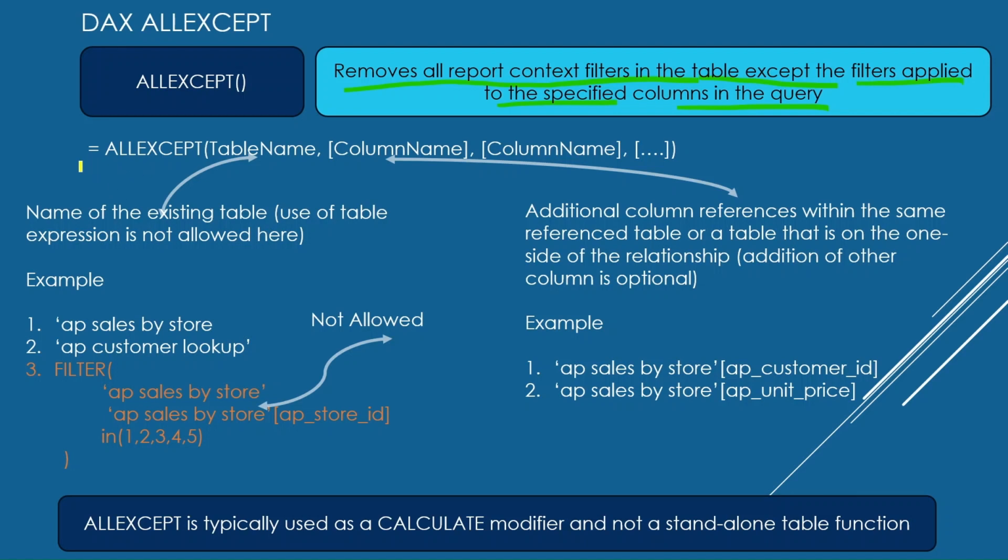So this is the syntax, or the signature. This is the ALLEXCEPT keyword. Here we need to provide a table name and the column names.